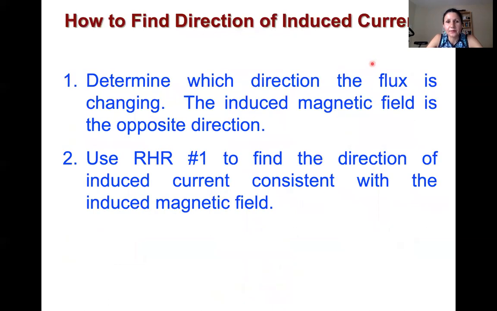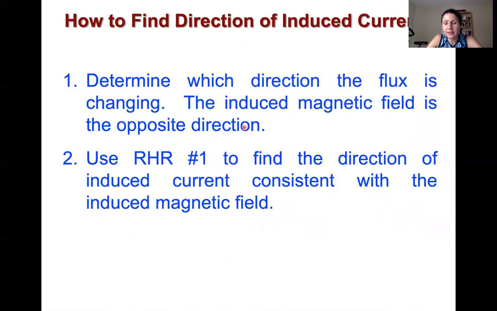All right, so this is a summary of the procedure. First, you want to determine which direction the flux is changing. If it's increasing up, it's changing in the upwards direction. If it's decreasing, it's changing in a downward direction. That will tell you the direction of the induced magnetic field: it's in the opposite direction to the change in flux.